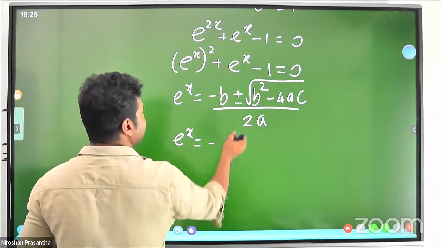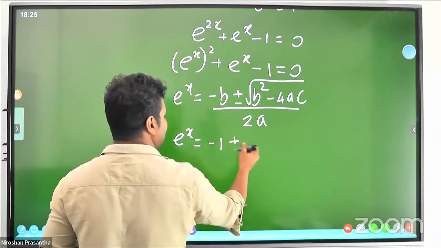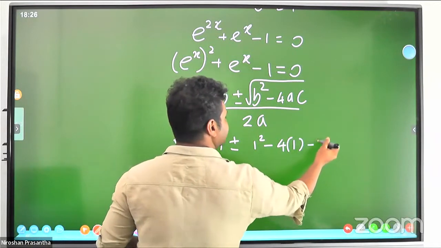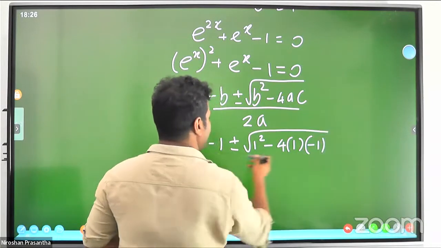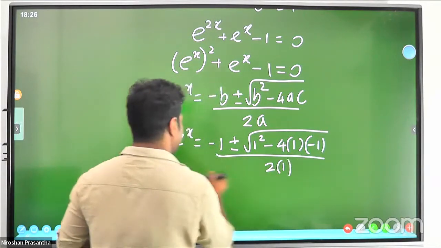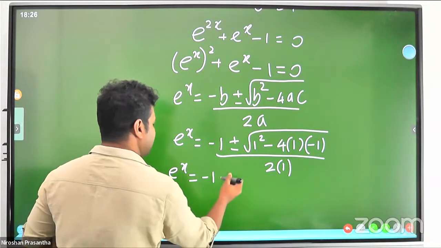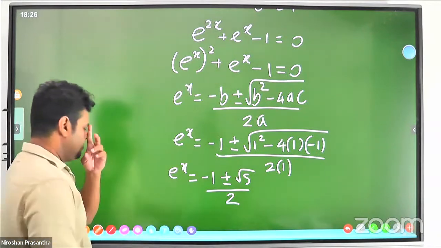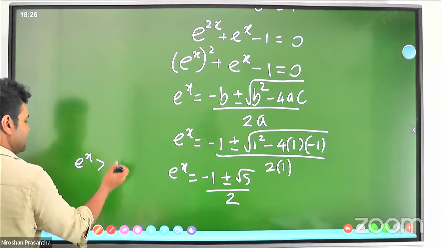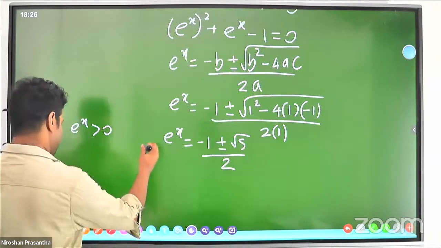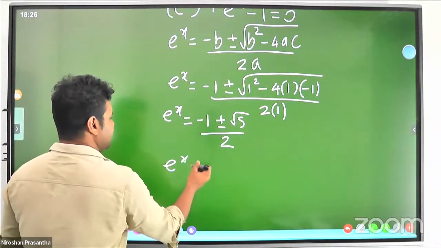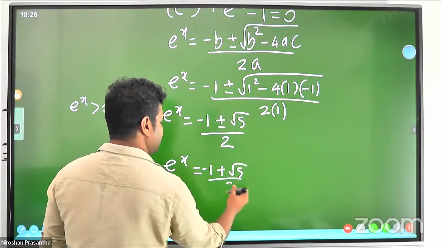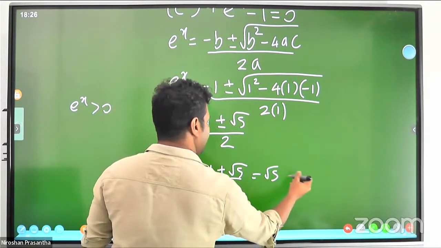So e^x equals minus 1 plus or minus the square root of 1 square minus 4 times 1 times minus 1, over 2 times 1, which is minus 1 plus or minus root 5 over 2. e^x is positive, therefore e^x is minus 1 plus root 5 over 2, that is root 5 minus 1 over 2.